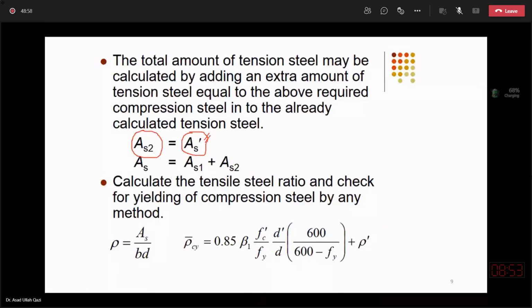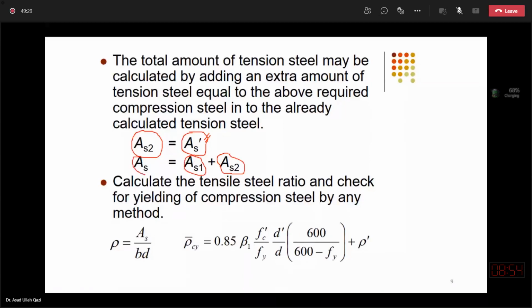The same amount of area of steel I will also add on the tension side, because earlier As1 was making a couple with concrete. Now the surplus moment will be resisted by a couple between steel and steel. So once I add As prime on the compression side, the same amount of area of steel I will add on the tension side. So the total tension steel will then be As1 plus As2.